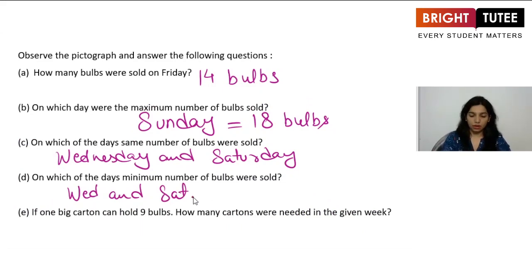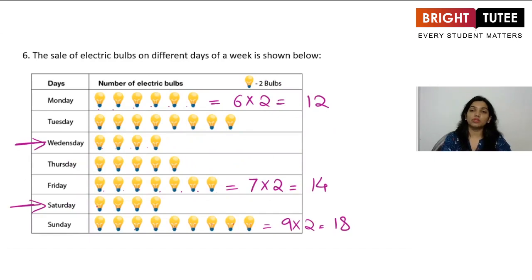Okay, now if one big carton can hold 9 bulbs, how many cartons were needed for the given week? So let us first find out the total of the whole week. Here it is 1, 2, 3, 4, 5, 6, 7, 8. 8 times 2 is 16. Then here 1, 2, 3, 4. 4 times 2 is 8.